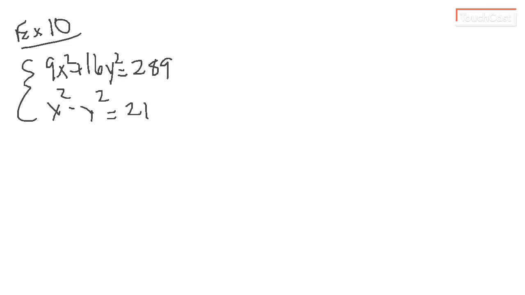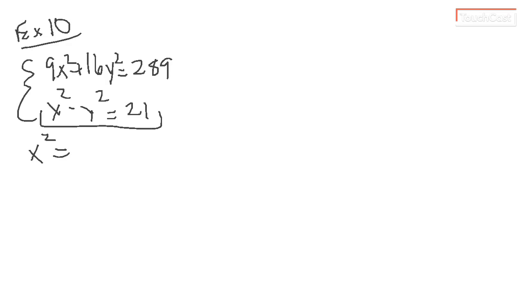We could multiply the entire second equation by 16 and use elimination, but I think it's going to be easier if we actually solve the second equation for x squared, and then we can substitute it into the first equation. Because all we're going to do then is add y squared to both sides.